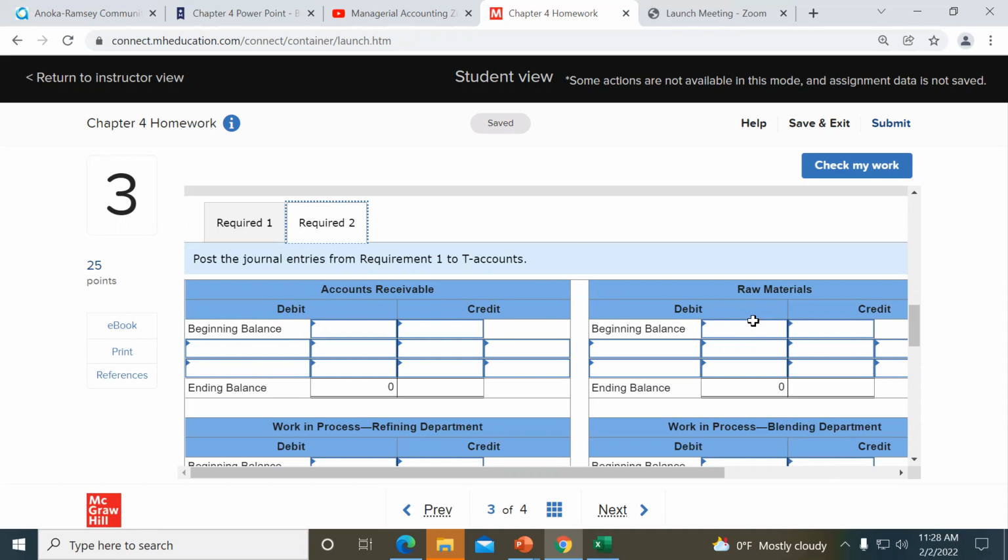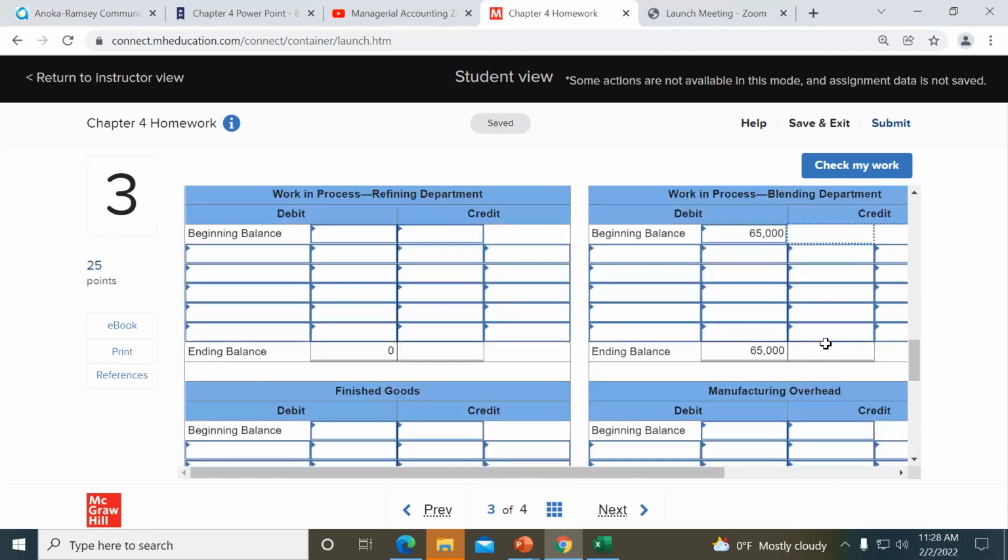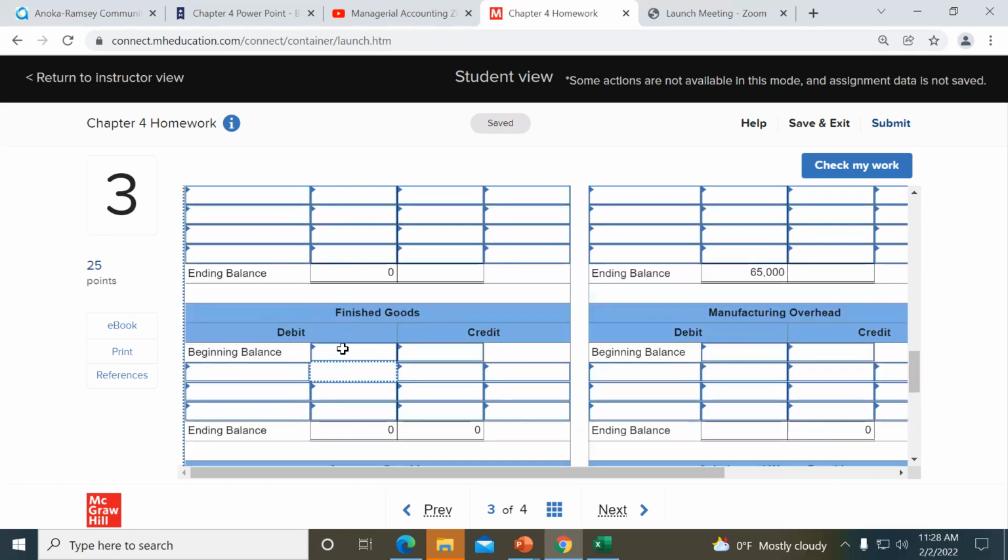So we would want to go over here and show our beginning balance of 618. It tells us work in process blending department had a beginning balance of 65. And then it tells us our finished goods had a beginning balance of 20,000.